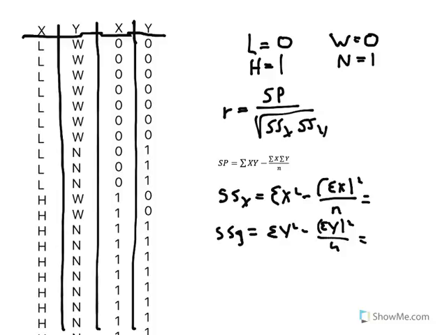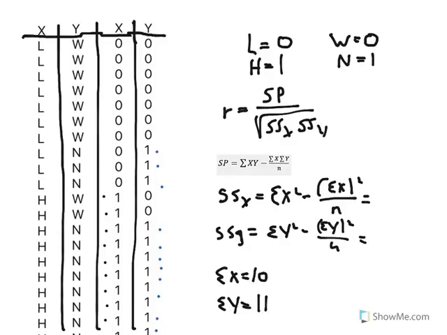First let's get the sum of squares for each. The sum of x is 10. So that's just adding all of those here together. That's 10. The sum of y is 11. That's adding all of those.